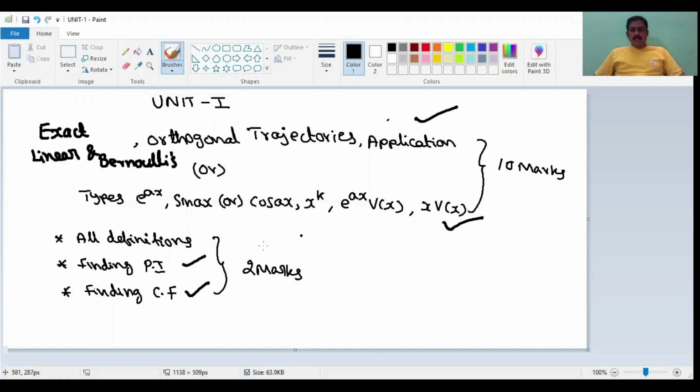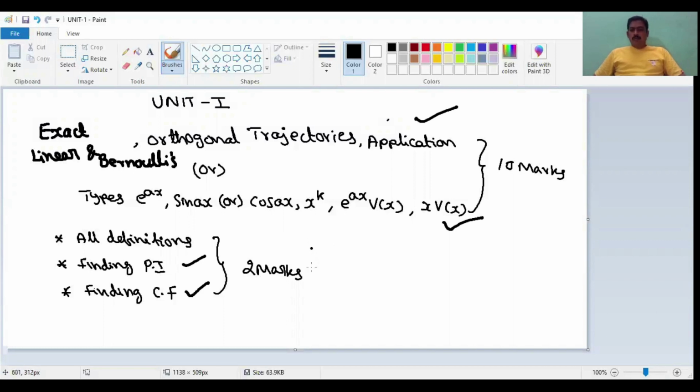Here they may ask the definition of Newton's law of cooling and orthogonal trajectory, and then natural law of growth or decay, define general form of the linear differential equation, or define the Bernoulli form of the differential equation. Like that they may ask the definitions.